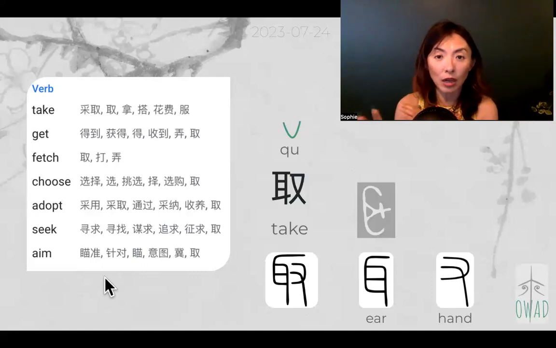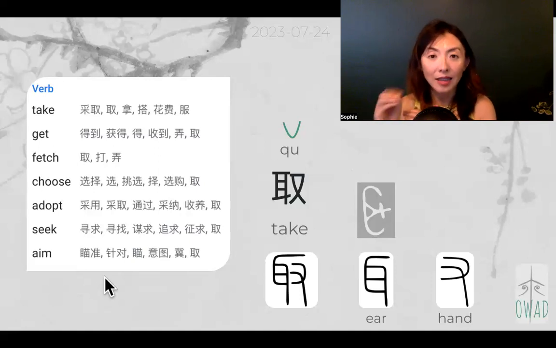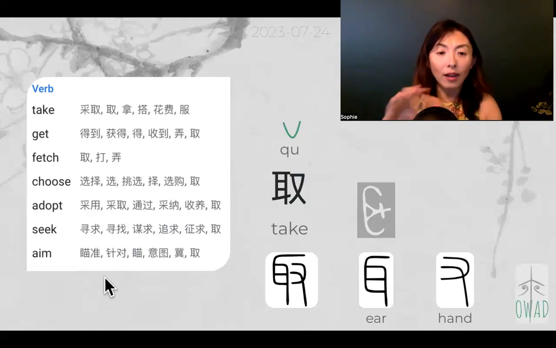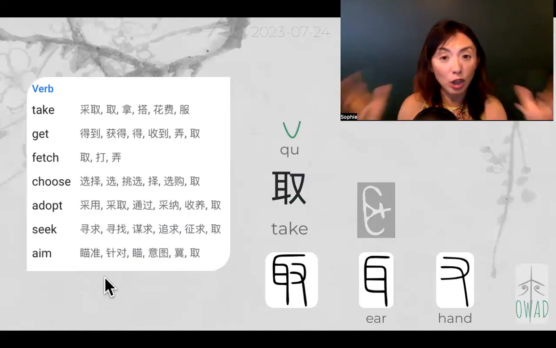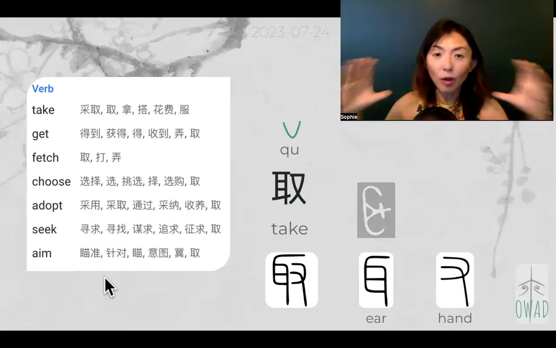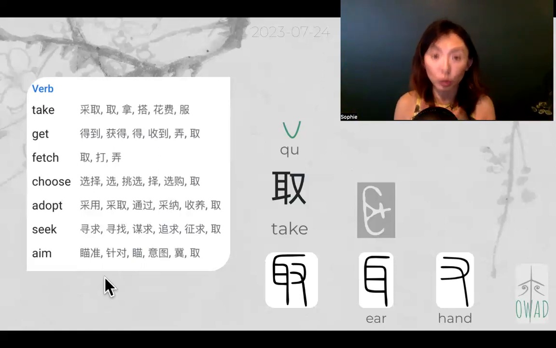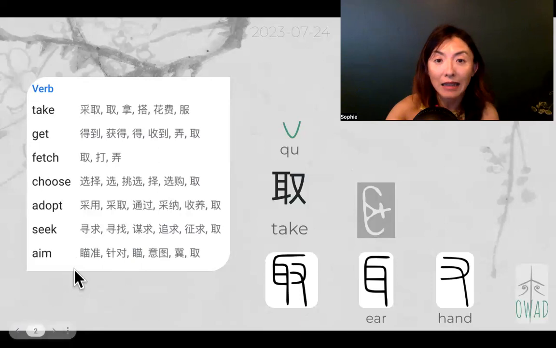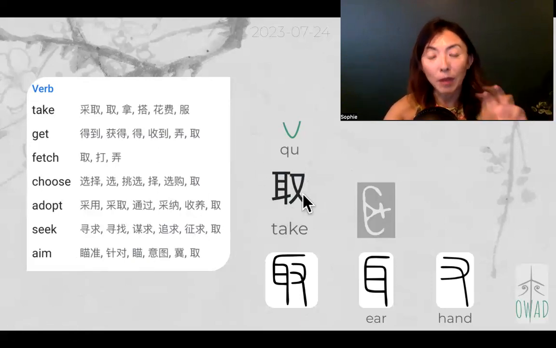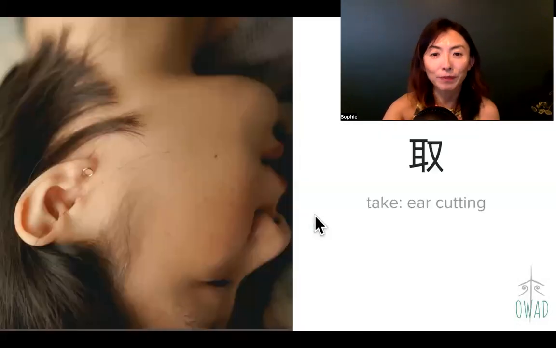We only distinguish by the context, where it occurs, which other characters it pairs with, and where it shows up in the whole storytelling. Then we can tell which of the meanings it is. So when we translate into English, we have to know all these distinctions in English, and then map the particular translation to the same character 取.